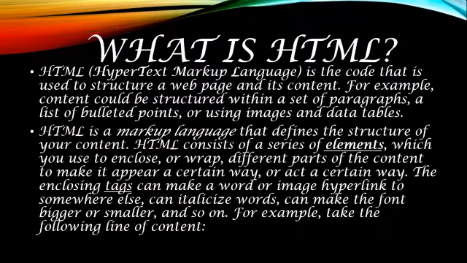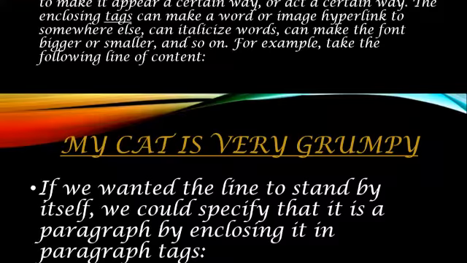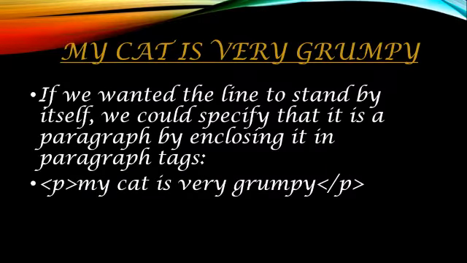For example, let's look at this content: My cat is very grumpy. If we wanted the line to stand by itself, we could specify that it is a paragraph by enclosing it in paragraph tags.